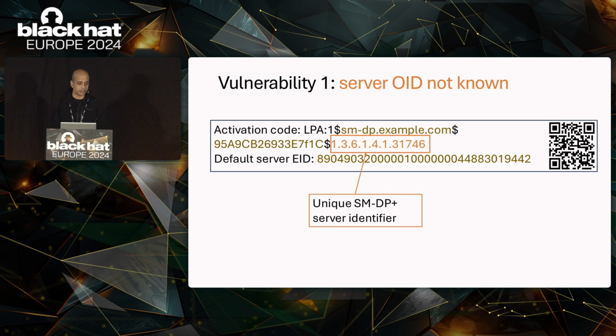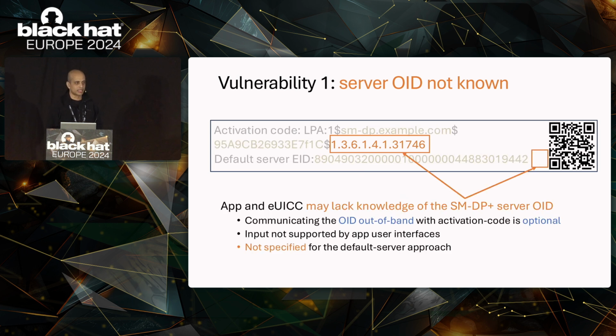The first vulnerability we are going to talk about is server OID not known. The server OID is an organizational or unique identifier that identifies an SMDP+ server, or the provisioning server. And this identity is usually missing in the activation code.